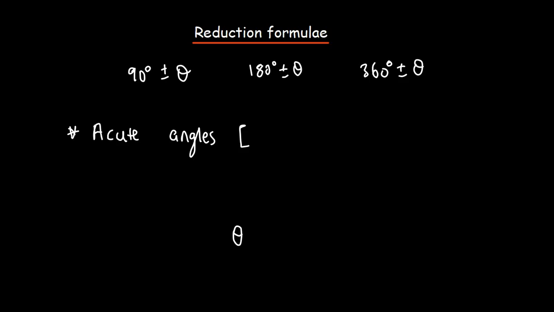I can use theta, beta, or alpha. These 3 symbols are most common in trig. But you are not only limited to using these symbols. You are also allowed to use x, y, z, etc. to represent angles that you do not know. Now, speaking of which, when we say acute angles, I can represent them by doing this.